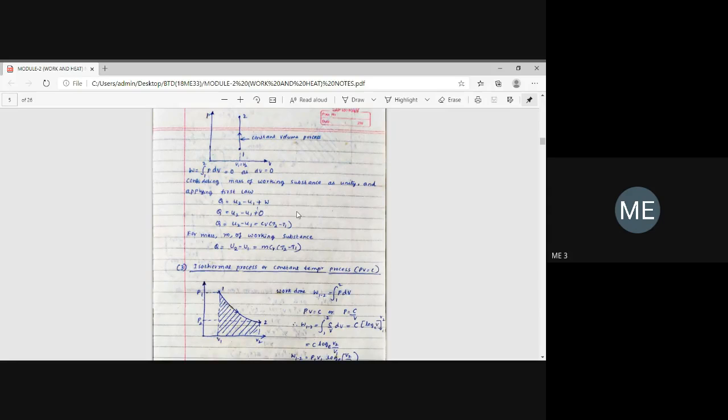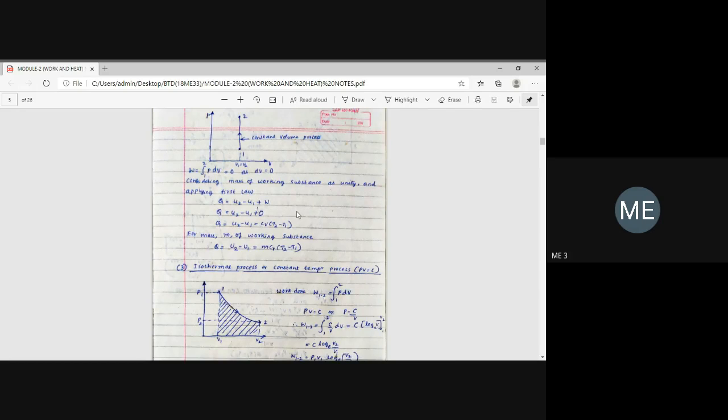H is Cp into delta T, and U equals Cv into delta T. And another formula for H is U plus PV. These are the three formulas you should remember. One is H equals Cp into delta T. Second is H equals U plus PV. And third is U equals Cv into delta T.